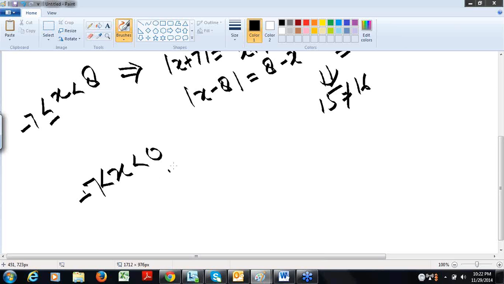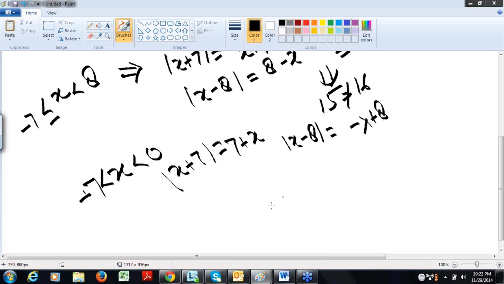Okay, so modulus of x plus 7 will become 7 plus x, and modulus of x minus 8 will become minus x plus 8. Now again it will not be possible. If you put that, it will become 15 is equal to 16, which is not possible.